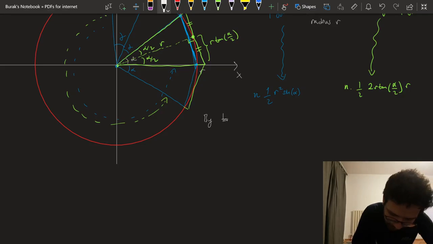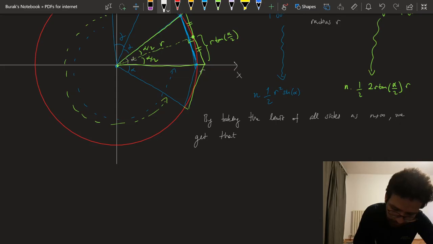By taking the limit of all sides as n goes to infinity, we get that.